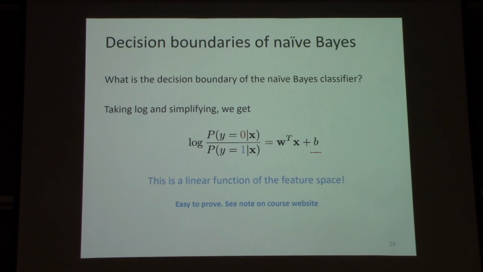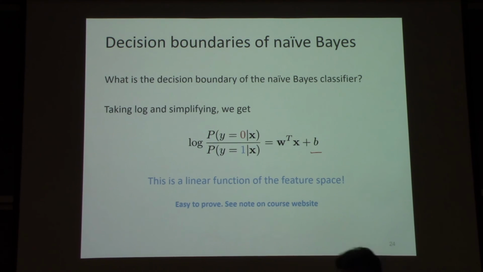If you are learning a naive Bayes classifier, you are effectively learning a certain linear function. We did not start off with any linear classifier. We just ended up with a linear classifier.